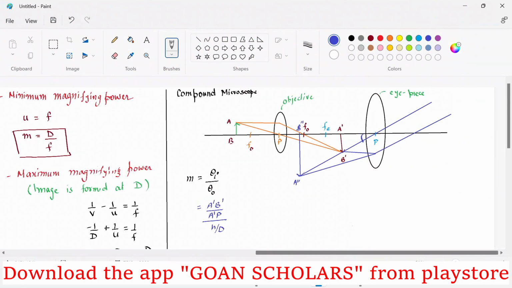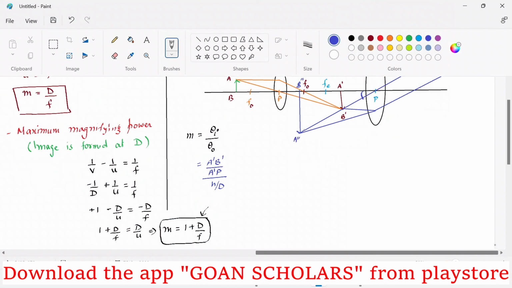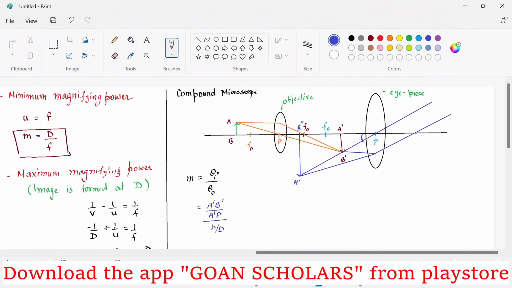So we can scroll up and substitute on the right hand side. Here the magnification will become A prime B prime upon h, into d upon A prime P. Let's call this A prime P, what is A prime P? The object distance for the eyepiece.